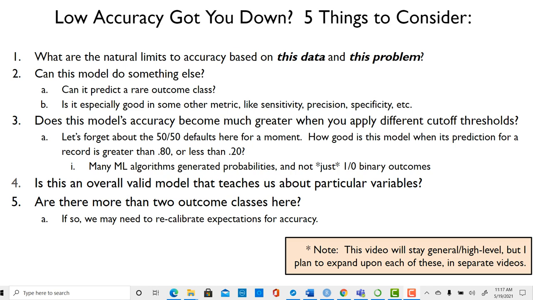So if the model is accurate 52% of the time, or even 39% of the time, that should be framed back against the naive rate. When we go way beyond 2 outcome classes, our accuracy expectations need to be tempered by that.